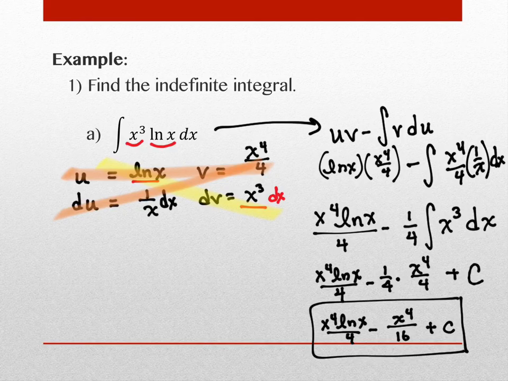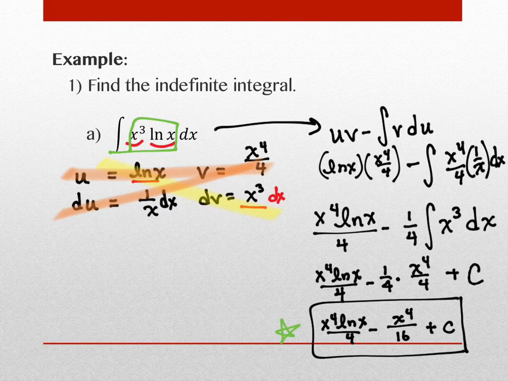So if this is the answer, and I wanted to verify that it really was, if I take the derivative of that, which is ugly, right? Yeah, it's not pretty. But if I take the derivative of that and I'm right, I will end up back where I started on the inside here. Okay?